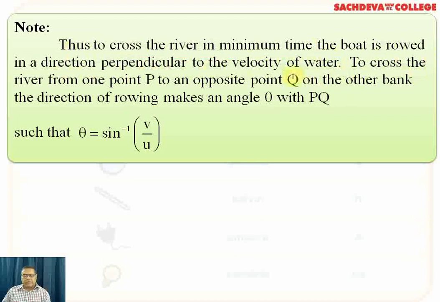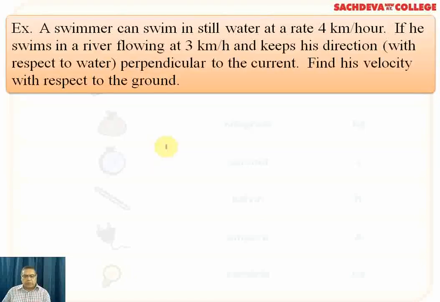To cross the river from one point P to an opposite point Q on the other bank, the direction of rowing makes an angle theta with PQ. So normally sine theta will be v over u, because v is the perpendicular line and u is the baseline. But if we want to find theta, we have to take the inverse function, that is sine inverse v over u.